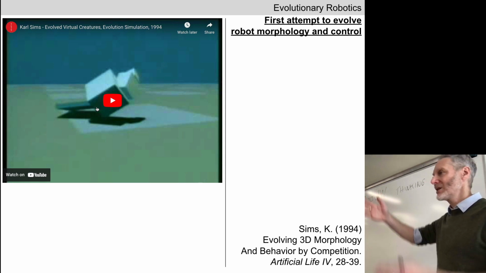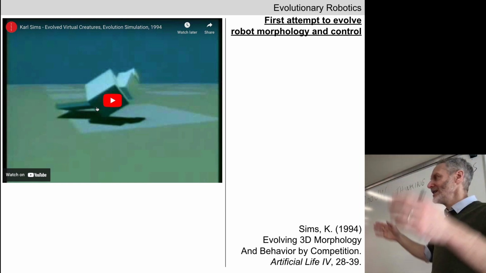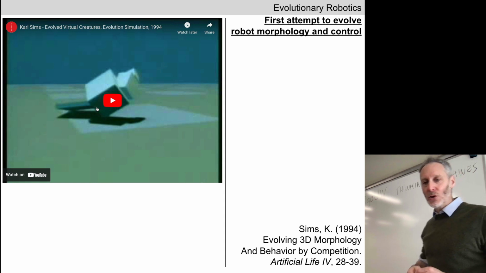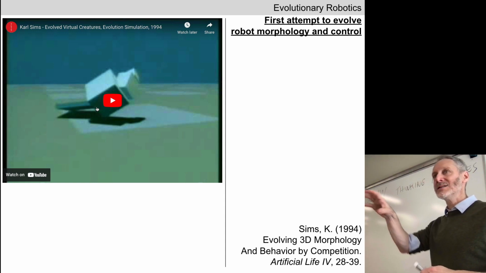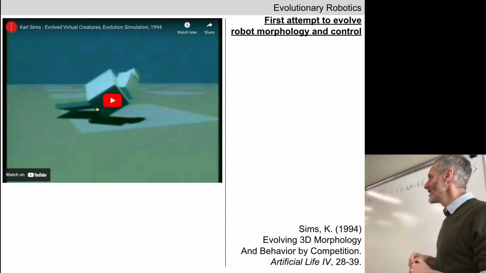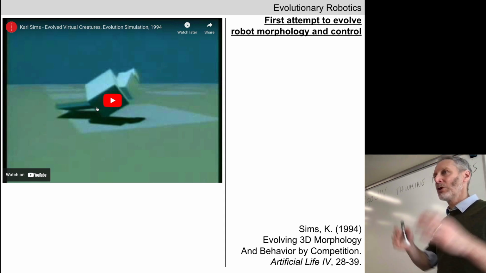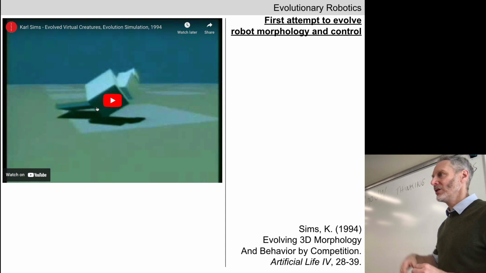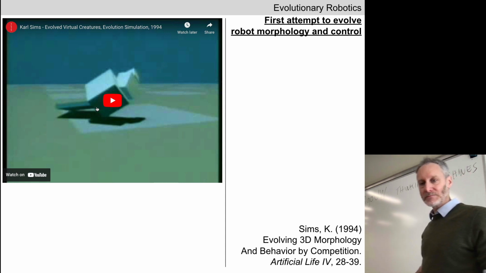And if so, we could simulate a whole population of these creatures simultaneously. So you can see early on here in the early 1990s, a lot of the basic assumptions of how we now go about evolving robots in silico and then transferring them to reality were laid down in this initial experiment.